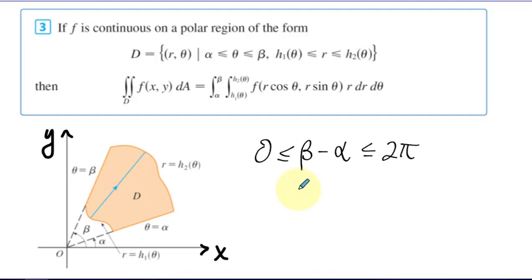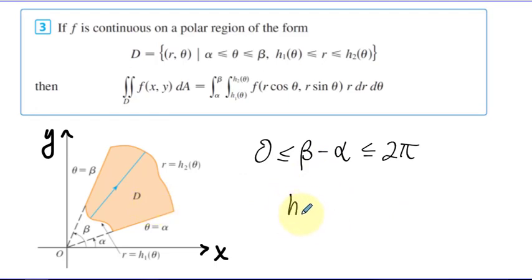So I'm going to put that restriction on the possible values of alpha and beta, that the difference is not negative and it is at most 2 pi, and only in that circumstance would I actually have a region in the plane.